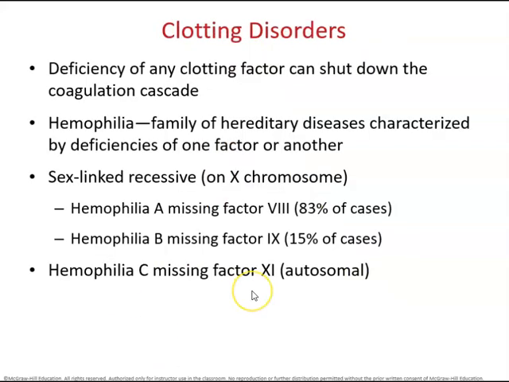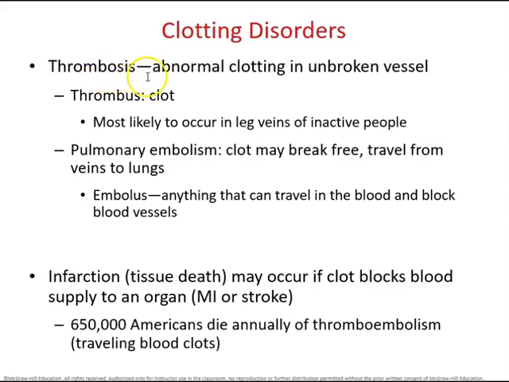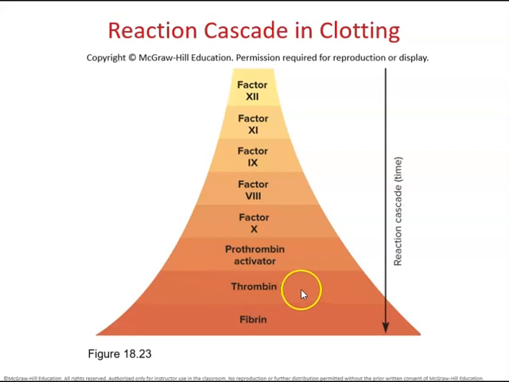There are several types of clotting disorders. Hemophilia is a genetic inherited disease. It's an X-linked recessive disease on the X chromosome. People with hemophilia are missing clotting factor 11. Thrombosis is abnormal clotting in an unbroken vessel, and it's related to the malfunction of clotting factors such as thrombin.